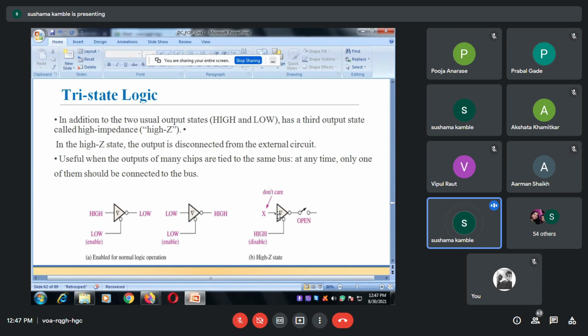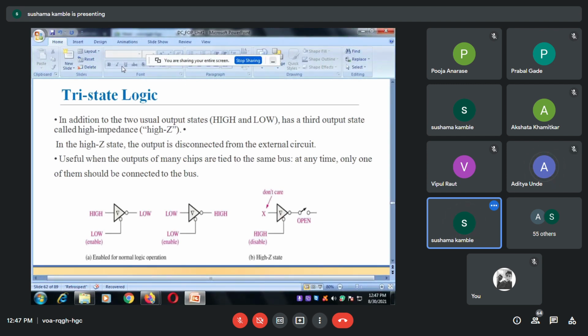Now this last point before CMOS, that is tri-state logic. Till now we have studied that there are two logic levels. Which logic? Logic high and logic low. One is represented by high output, 0 is represented by logic low.